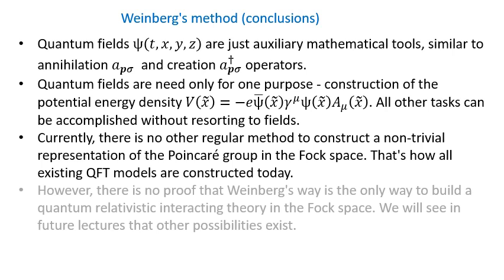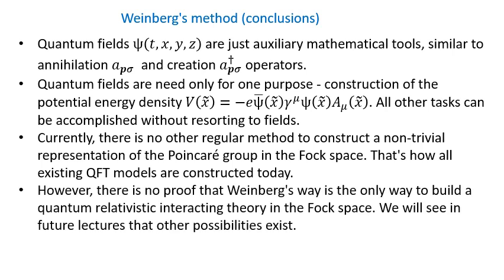Currently, there is no other regular method to construct a non-trivial representation of the Poincaré group in the Fock space. All existing quantum field theories are constructed by the same or similar prescriptions. However, there is also no proof that field theory is the only way to build quantum relativistic interactions in the Fock space. And we will see in future lectures that other possibilities do exist.